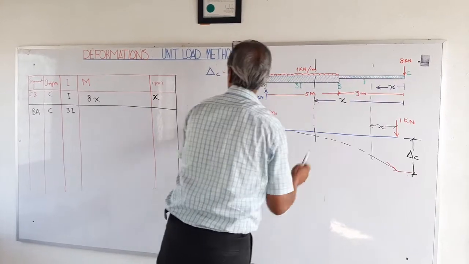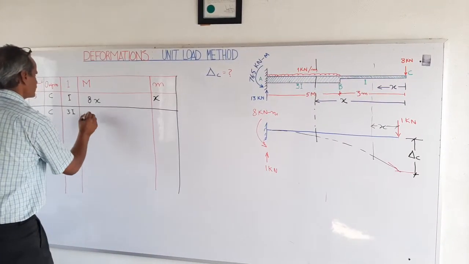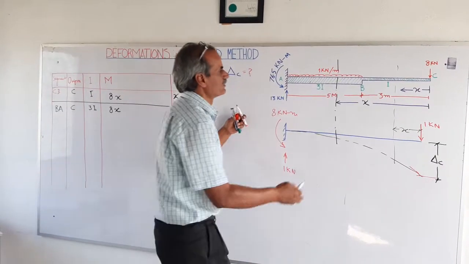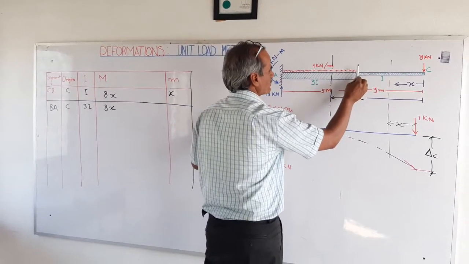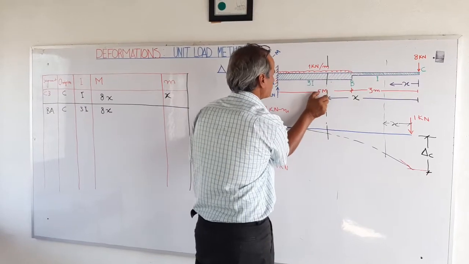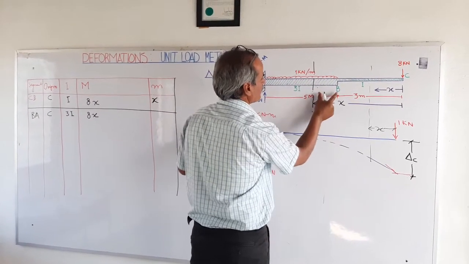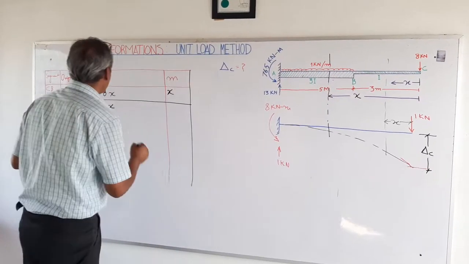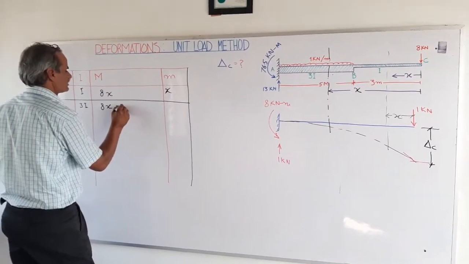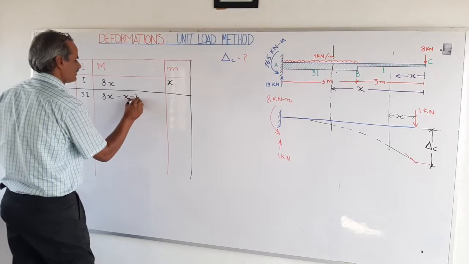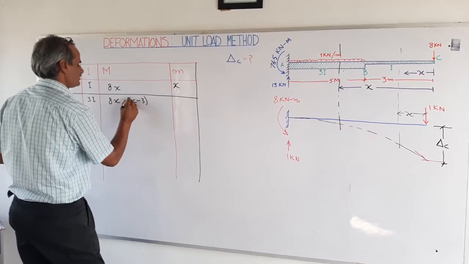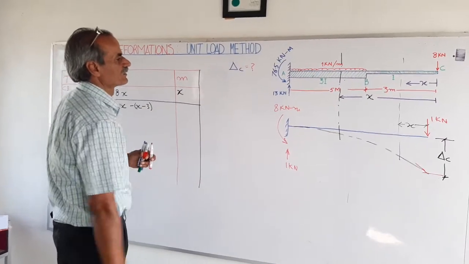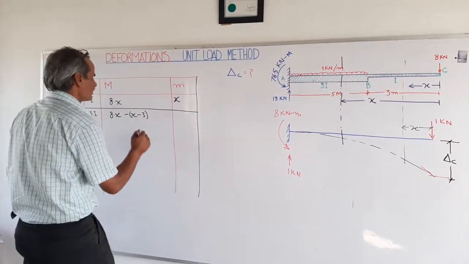Now 8 into x, and this value. Now how much is this distance? This is x minus 3. So it is minus, x minus 3, this is the distance on which the load acting is 1 kilonewton.